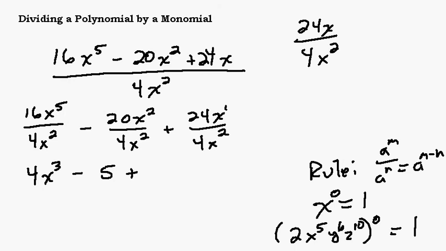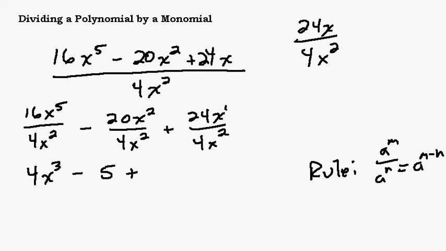There's another version of that rule which says if you have a to the m over a to the n, you could write that as 1 over a to the n minus m. Notice here I've got the n first.